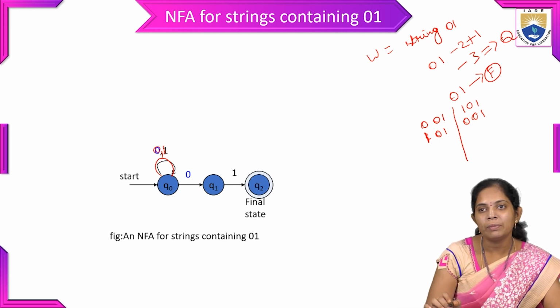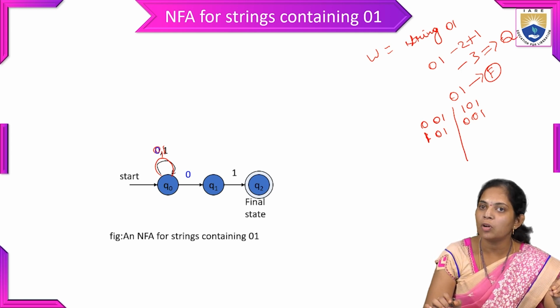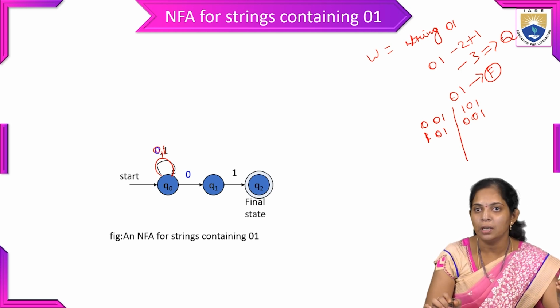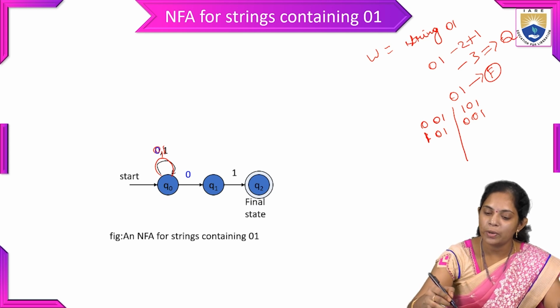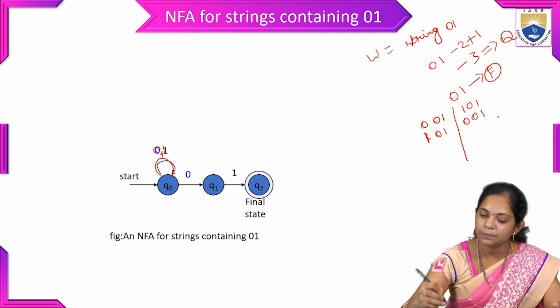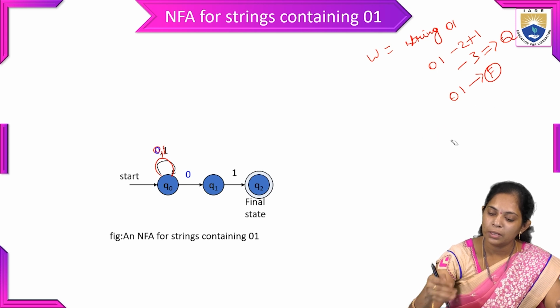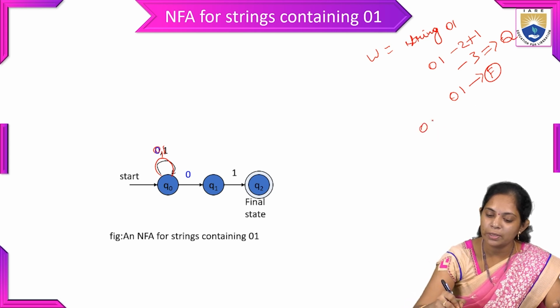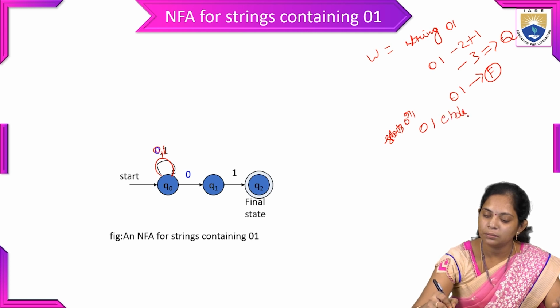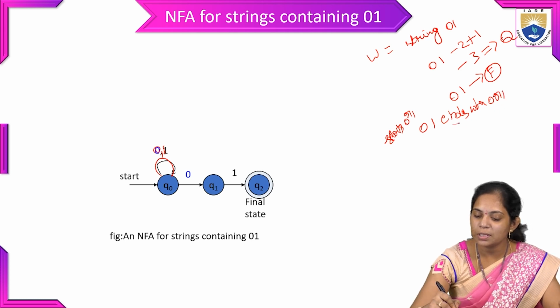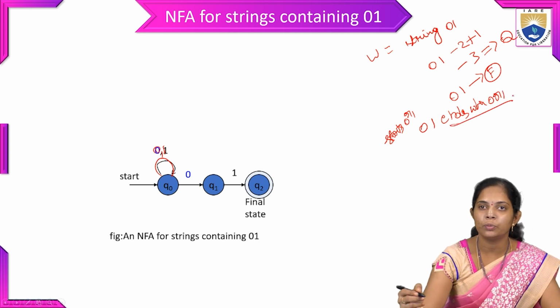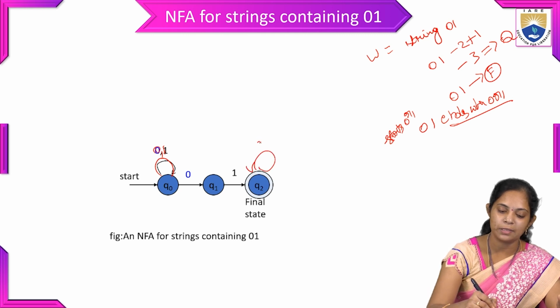There is also no limitation that the string ends only with 0, 1. It can start with 0 or 1, or end with 0 or 1. Since it can end with 0 or 1, the final state should have a self loop on 0, 1.